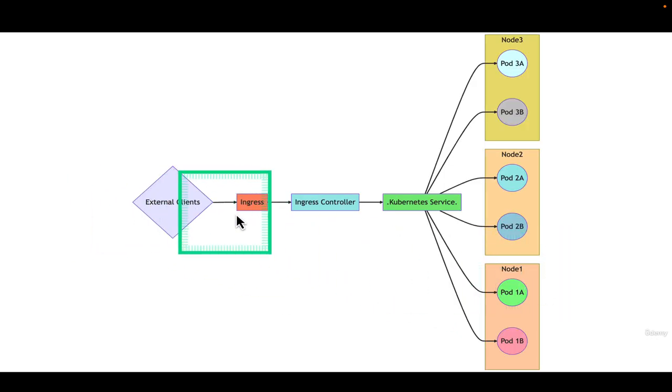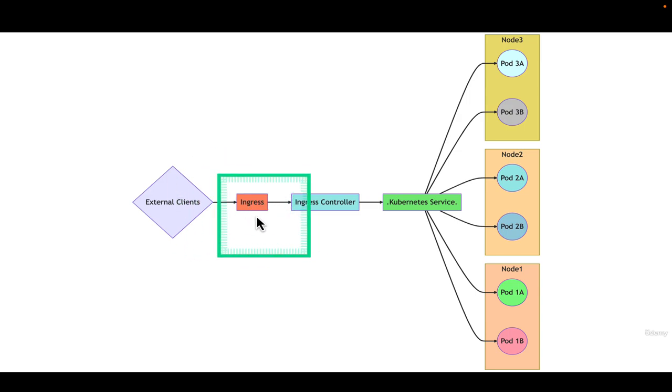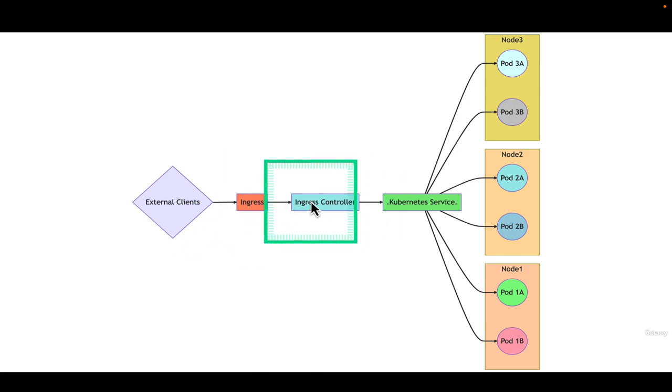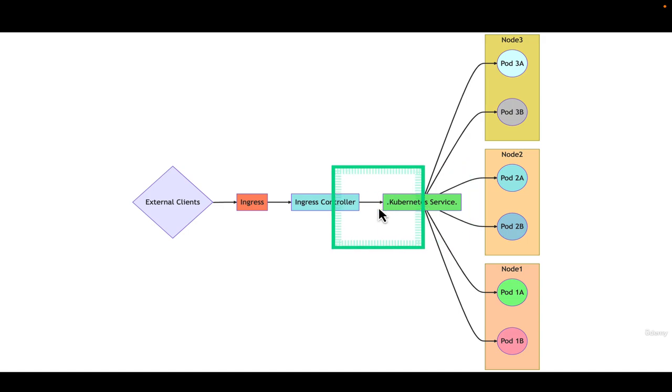So you have external clients, you have the ingress resource object, and you have the ingress controller, which is a separate object, like you have to install it separately through YAML. An example which we have seen is Nginx or Traefik. Nginx is very popular, so you just install it. Then you can have routing configured, and those routing rules will decide whether it goes to, for example, Kubernetes service A, or Kubernetes service 1, 2, 3.